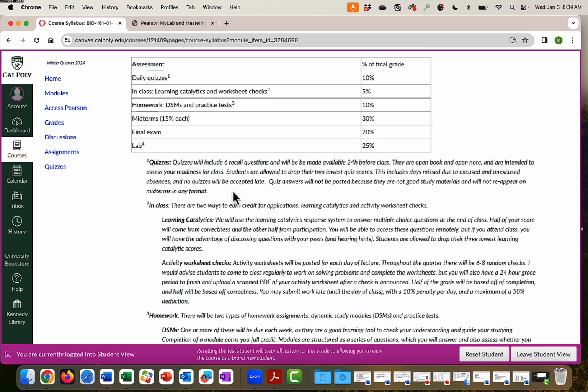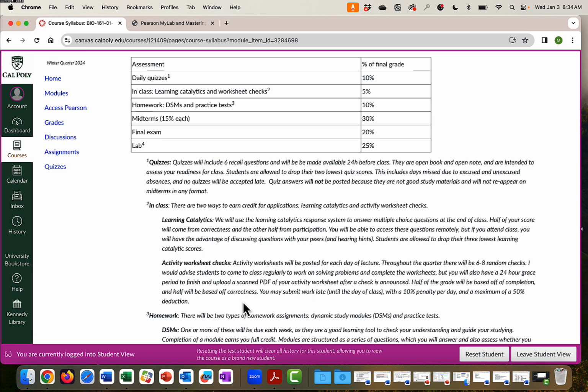Because we go over the quizzes in class, none of them can be accepted late. For learning catalytics, I will also drop the 3 lowest, but none of them can be accepted late because we talk about them during class.